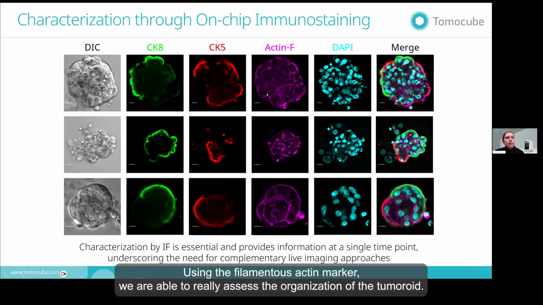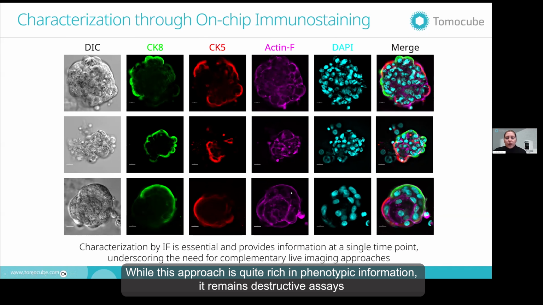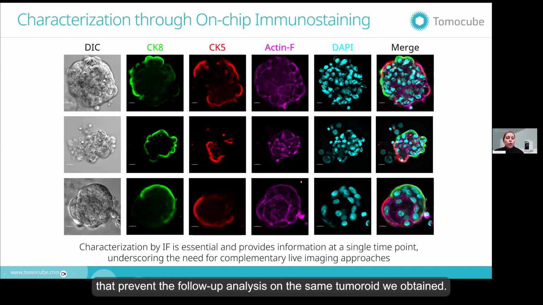And here, using actin, the filamentous actin marker, we are able to really assess the organization of the tumoroid. While this approach is quite rich in phenotypic information, it remains a destructive assay that prevents follow-up analysis on the same tumoroid over time.